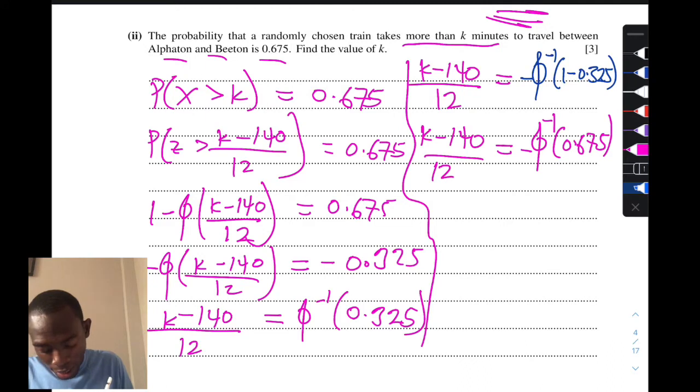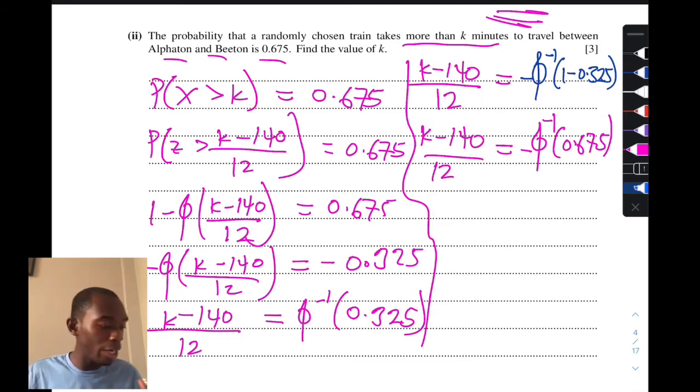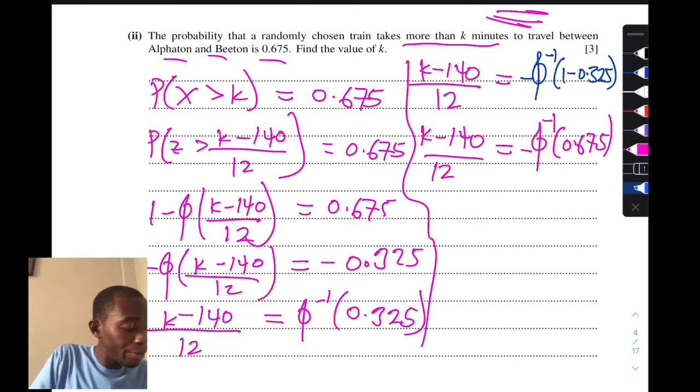And let's go and read it from the Z table. 0.674 is a critical value, but 0.675 is not a critical value. So we work it out. I think it will be really close. So let's go for 0.6 and let's look for 0.7.